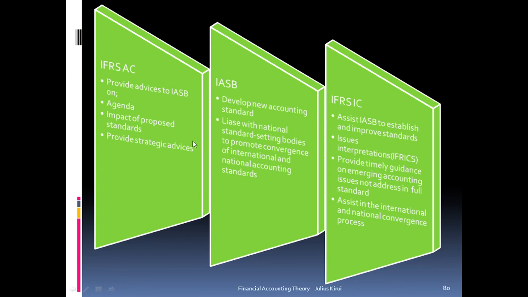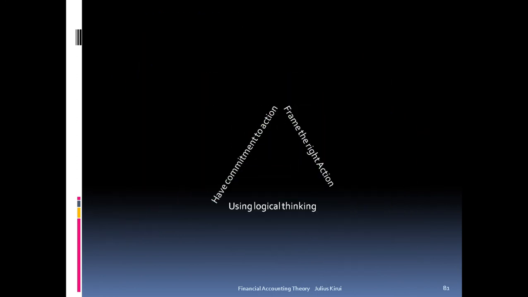So these are bodies which are necessary in accounting standard setting. These are regulatory bodies. Now we come to the process of standard setting. We'll deal with the process of standard setting in our next session.